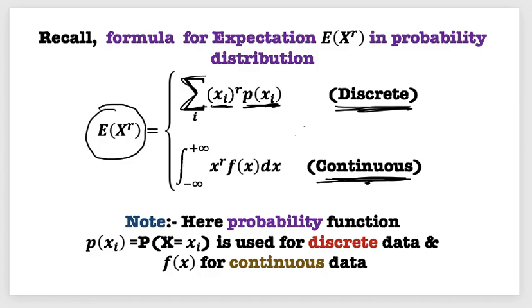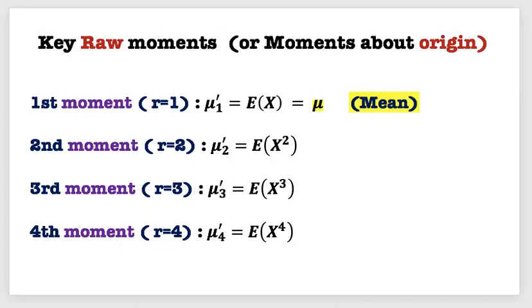In case it is continuous, we take x to the power r, multiply it with its corresponding probability density, and integrate from minus infinity to plus infinity. Here I used the px notation for the discrete probability and the fx notation for the continuous. These are important points for the evaluation.